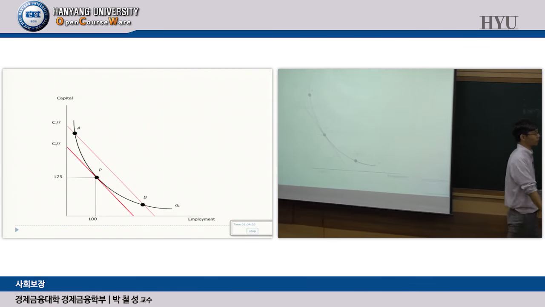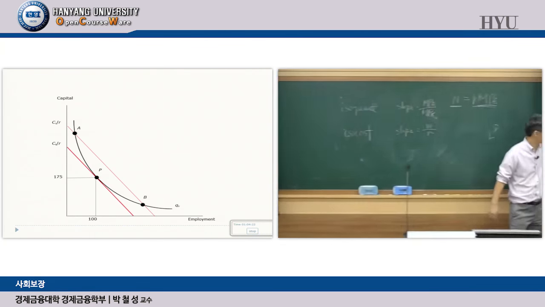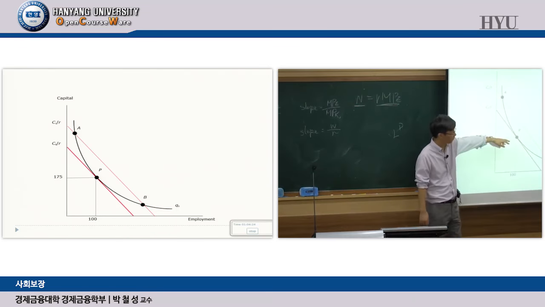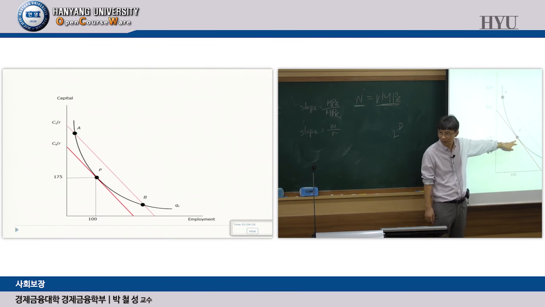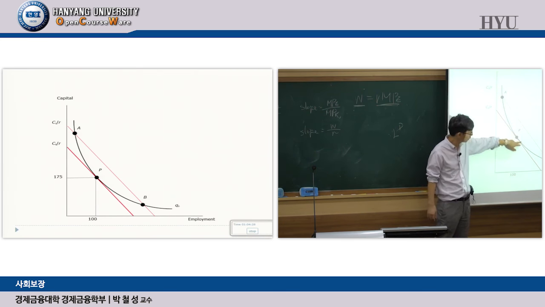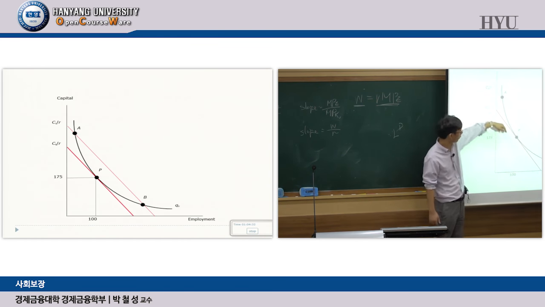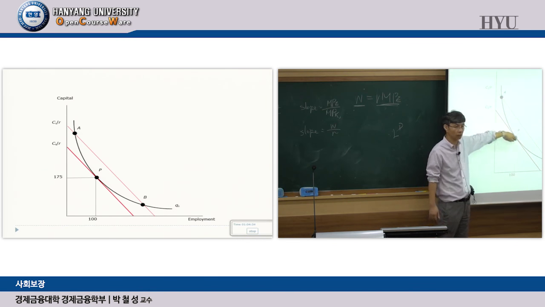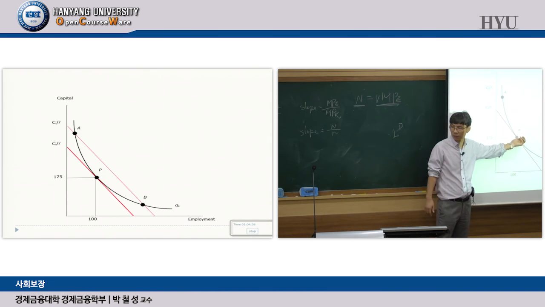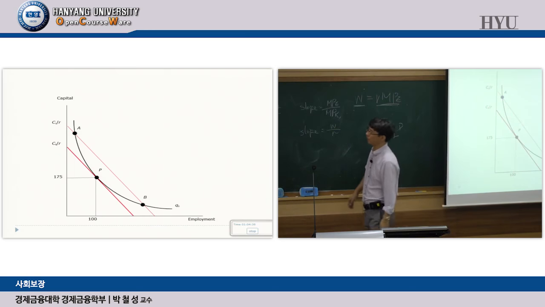So what's special about this point? The slope is important, right? The slope of the isoquant is equal to the slope of the isocost. Makes sense?